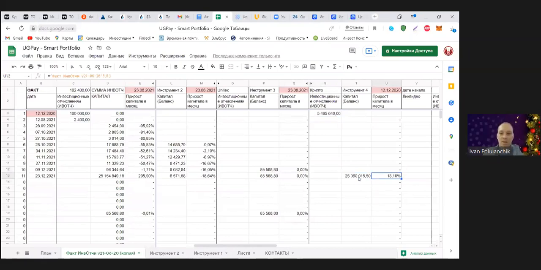If we take a look, those are just Bitcoins and Ethereums that are lying still, not working, not doing anything. Out of 5 million, we made 25 million in just 1 year by doing nothing. So that investment brought 13% per month, just that investment alone. And those assets will still be there in Bitcoin and Ethereum.